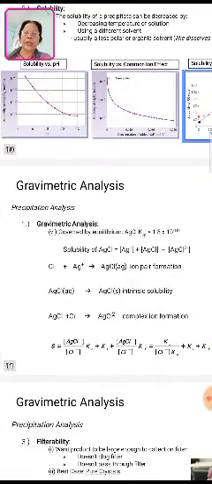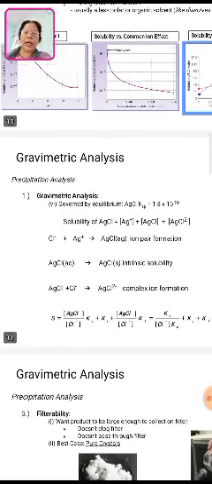Gravimetric analysis is governed by equilibrium. Silver chloride has a solubility product constant of 1.8 × 10^-10. The solubility of silver chloride is the sum of Ag+ ion, AgCl aqueous, and AgCl2 minus. Cl minus plus Ag+ forms silver chloride as an aqueous ion pair.